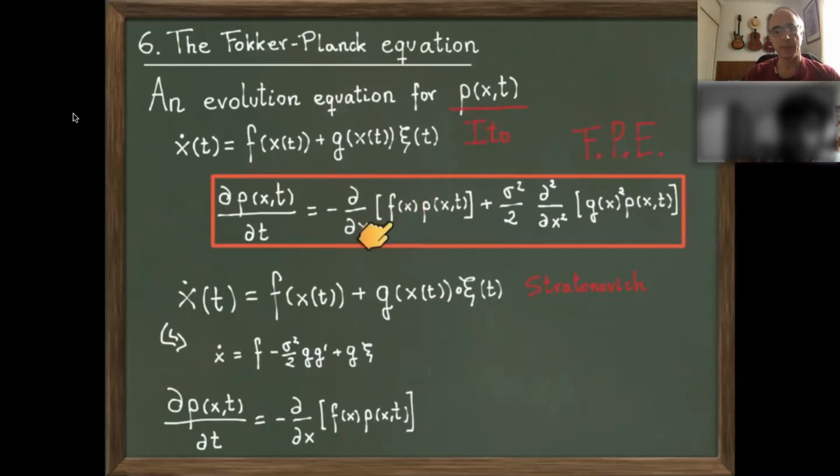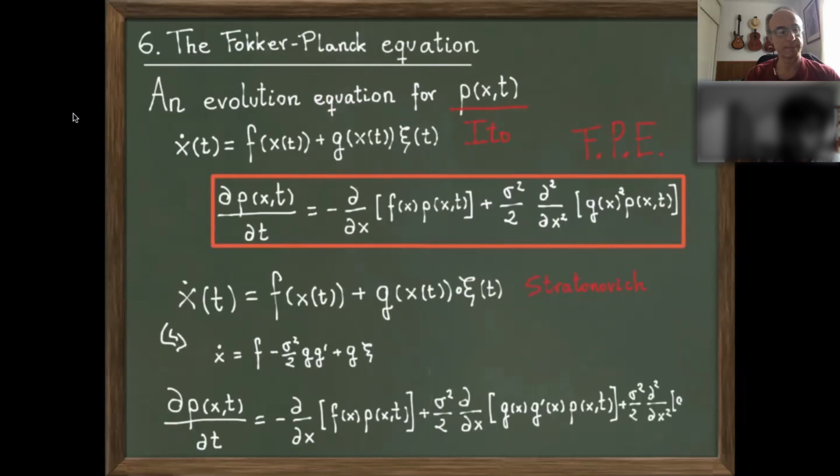So we have minus f. Now I have this term here as well. You see, this comes from here. So I have a minus with a, so here instead of f, I have to put all the deterministic part. So I will have minus f and minus gg prime. So I have this one plus this. And this would be the Fokker-Planck equation for the Stratonovich interpretation.